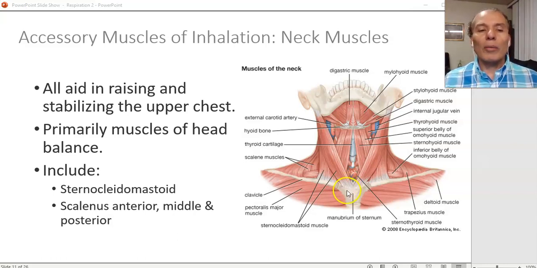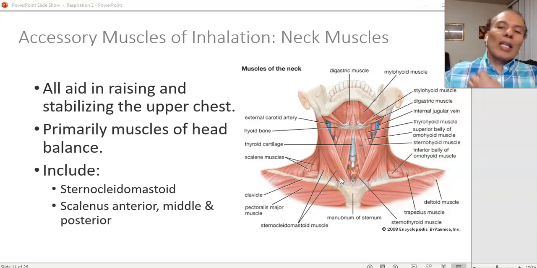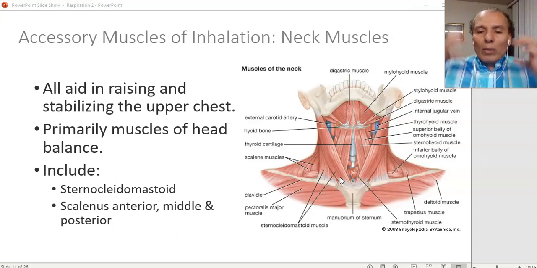So this is where the name came from. Sternocleido, and then mastoid. But again, we know that when the muscle contracts, it pulls up. But it pulls up 2 things. It pulls up the clavicle, and it pulls up the sternum when it contracts.